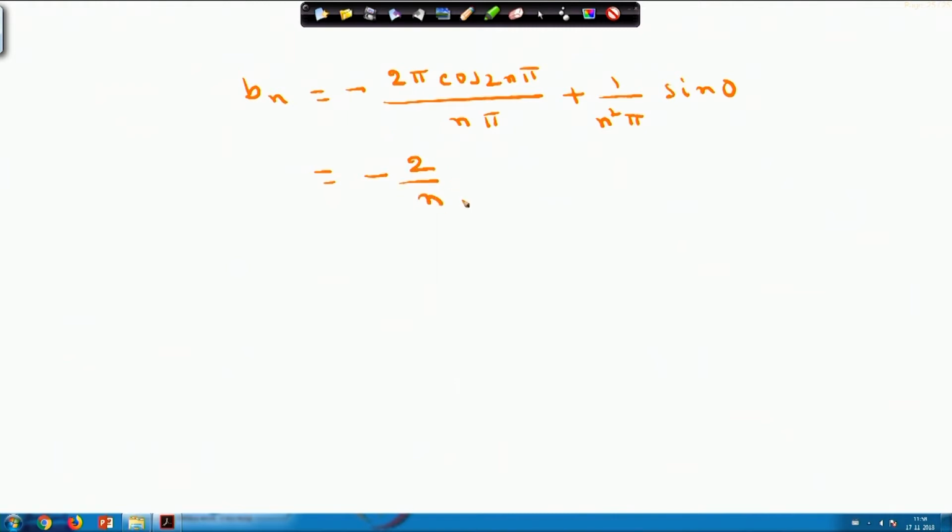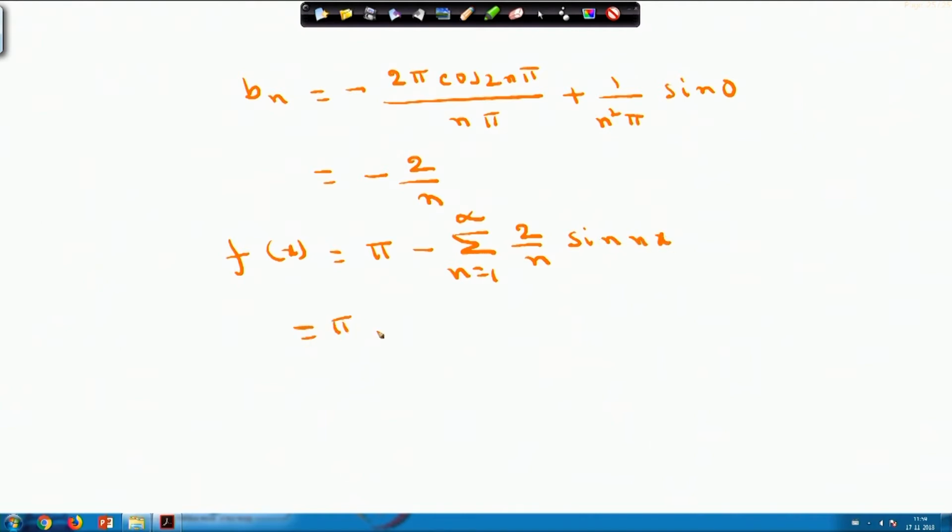So, you will obtain b n equals minus 2 by n. So, I can write f x equals pi, because your a naught was 2 pi, so a naught by 2, it will be pi minus summation n equals 1 to infinity b n sin n x, b n is minus 2 by n, so it is 2 by n into sin n x.